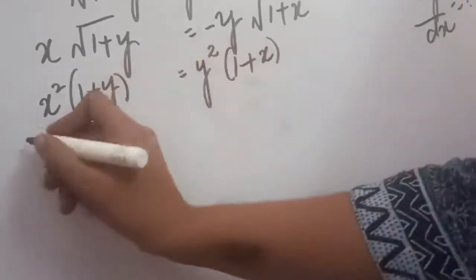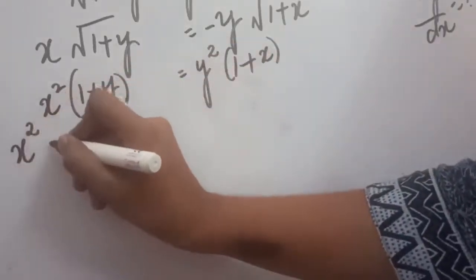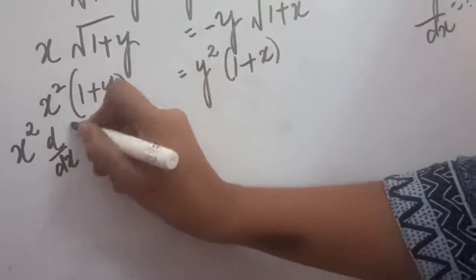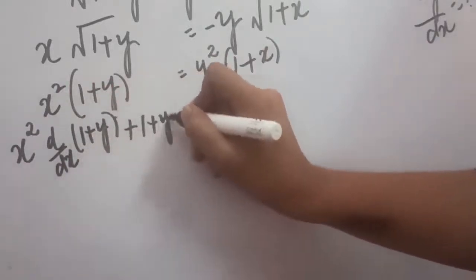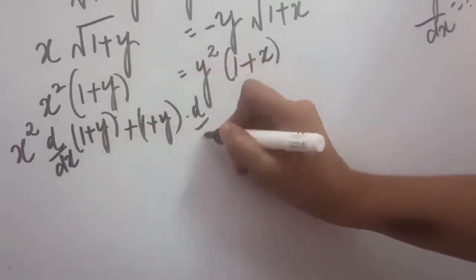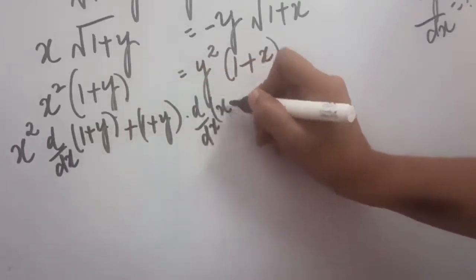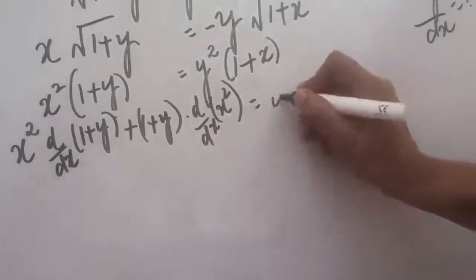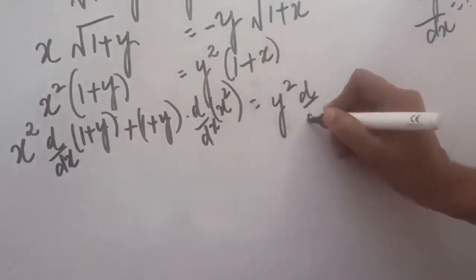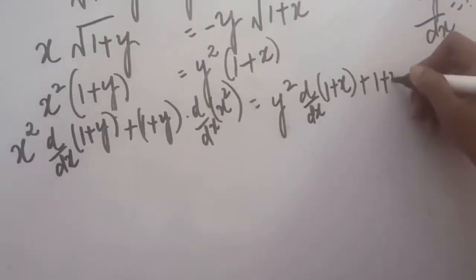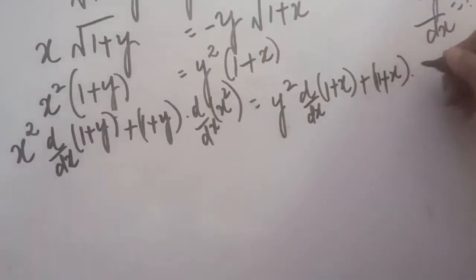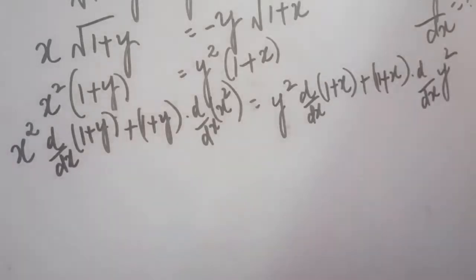Applying the product rule on the left hand side, it will be the differentiation of 1 plus y, times x square, plus 1 plus y times the differentiation of x square. On the right hand side also, y square times the differentiation of 1 plus x, plus 1 plus x times the differentiation of y square. So now we will take the differentiation.